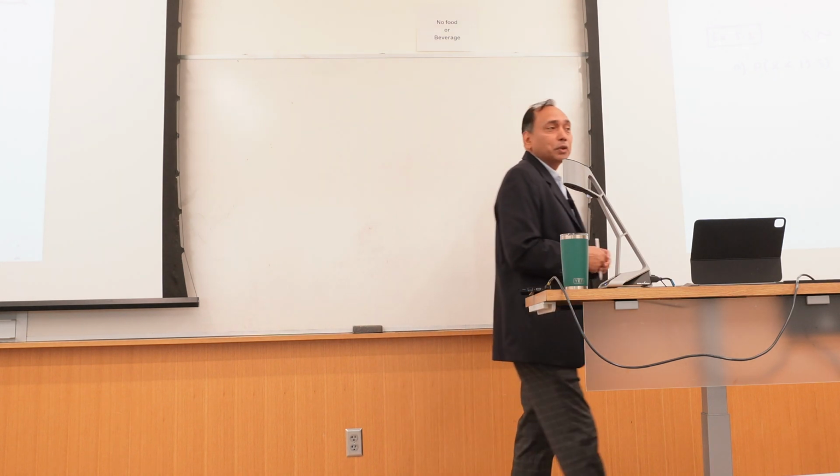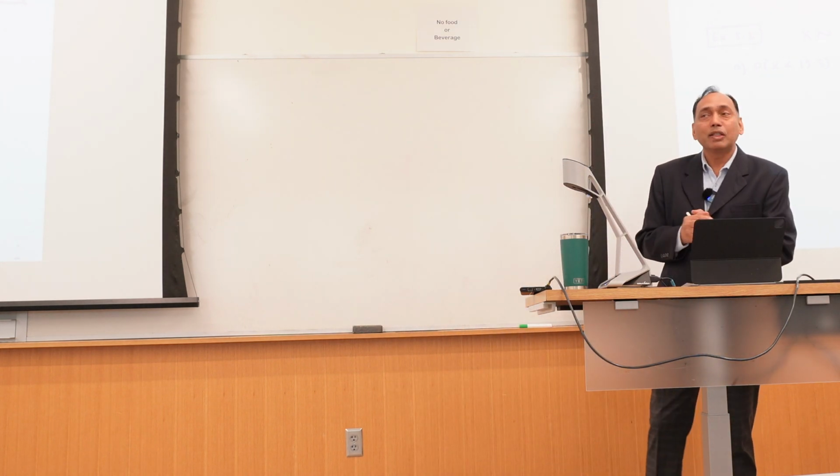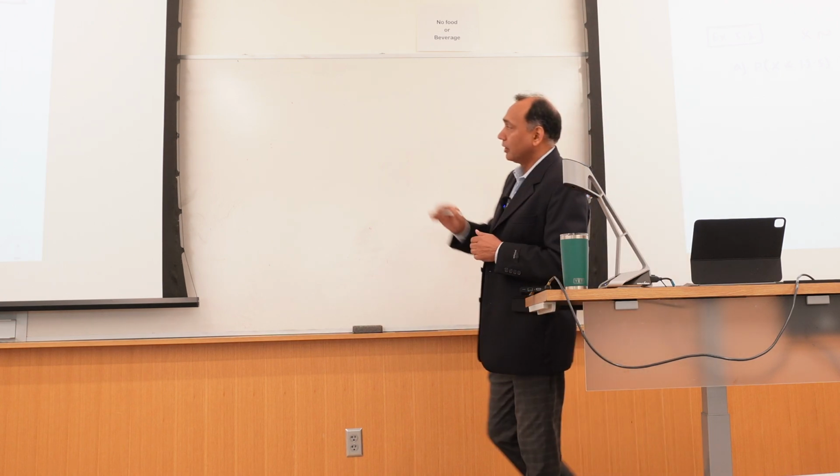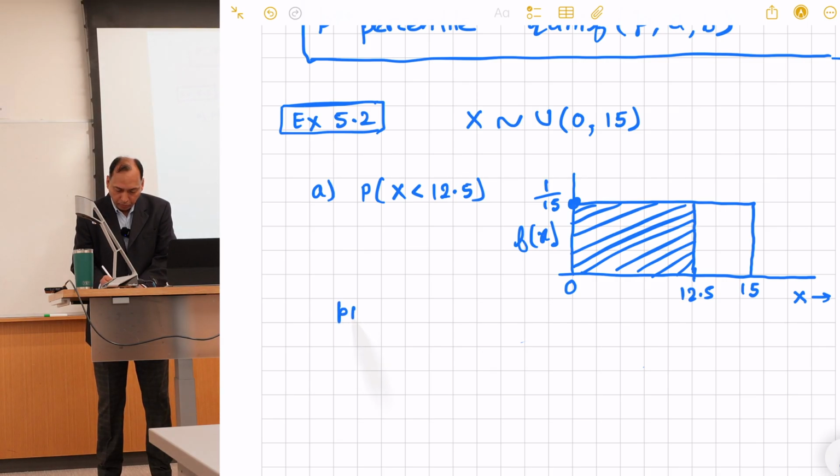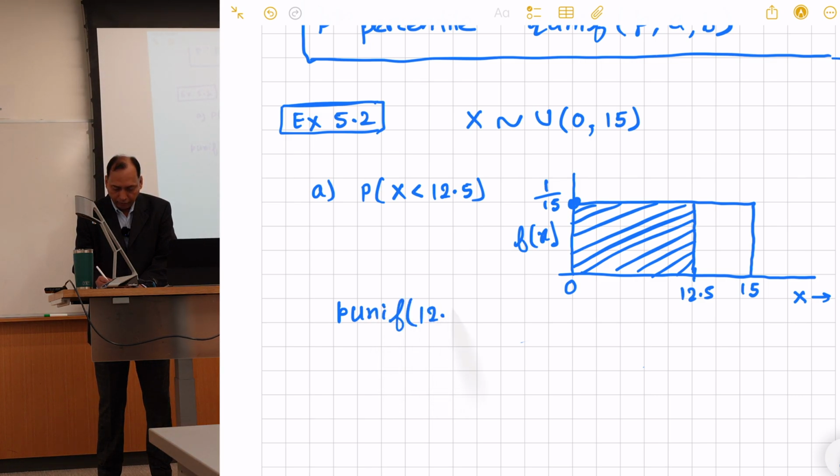So obviously probability has to be more than 0.5. Even without solving some of the quiz questions, you may be able to answer just looking at the picture. So for this one, I'm going to input punif 12.5, a is 0, and then you have 15.